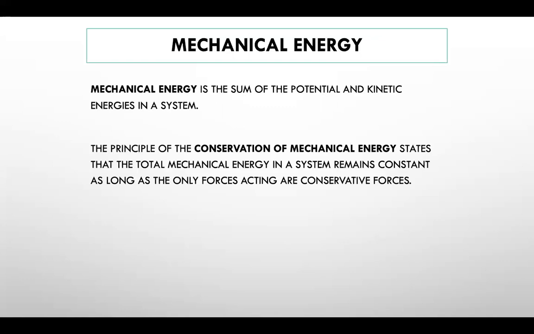The principle of the conservation of mechanical energy says that the total mechanical energy in a system stays constant, doesn't change, as long as the only forces acting are conservative forces.